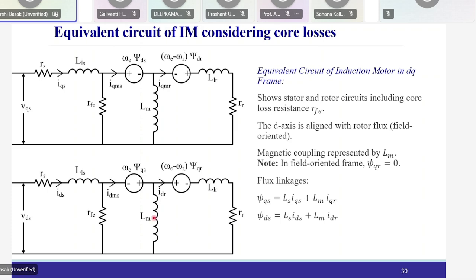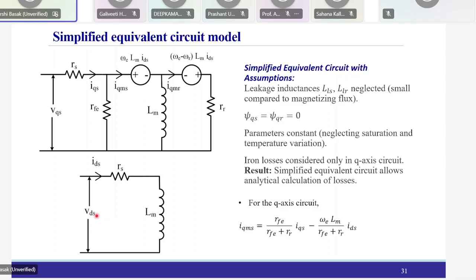At steady state the voltage across the inductor is 0, so the D axis current through RFE is actually 0. So that will be the parameter corresponding to LF.